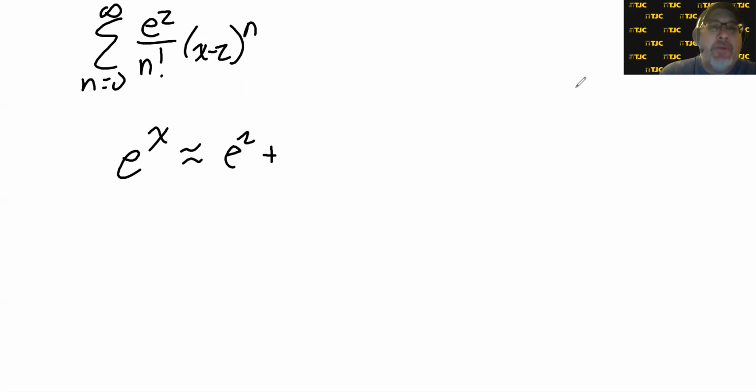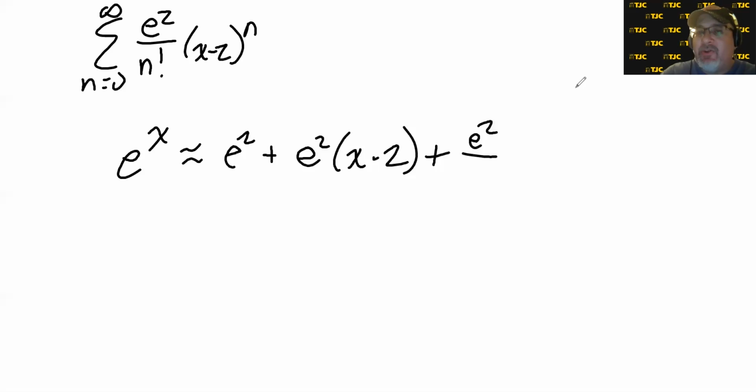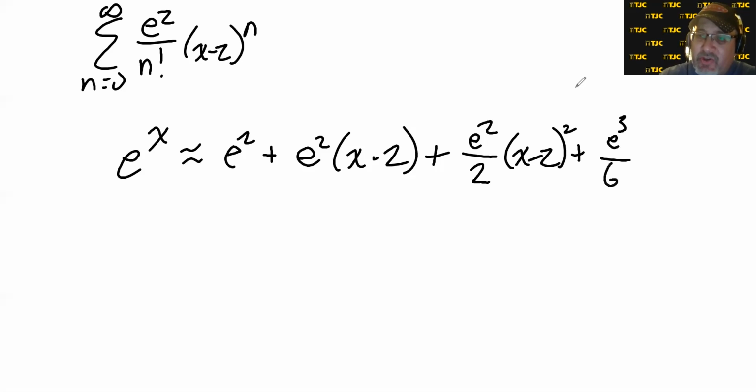Plus, if n equals 1, we get e squared over 1 factorial, but 1 factorial is 1. So we get e squared times x minus 2 to the first power. If n equals 2, we get e squared over 2 factorial, which is 2, times x minus 2 to the second power. If we put in n equals 3, we get e squared over 3 factorial, which is 6, times x minus 2 to the third power.